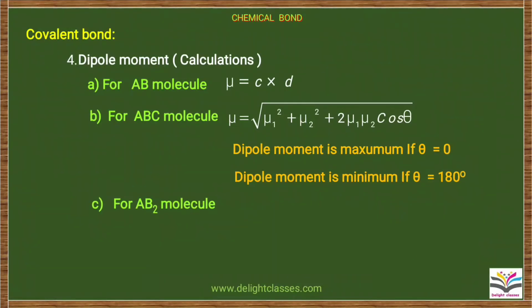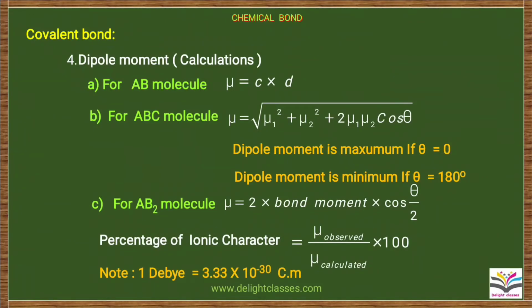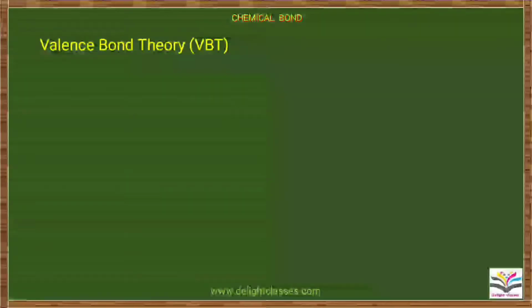For AB2 molecule, mu is equal to 2 into bond moment into cos theta by 2. Percentage of ionic character is equal to mu observed by mu calculated into 100. Note, 1 Debye is equal to 3.33 into 10 power minus 30 coulomb meters.